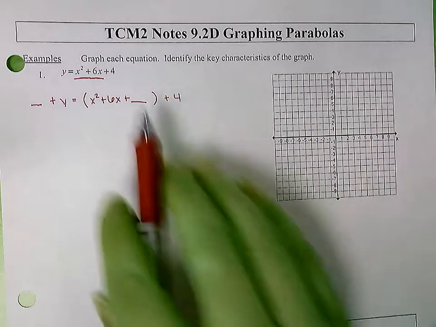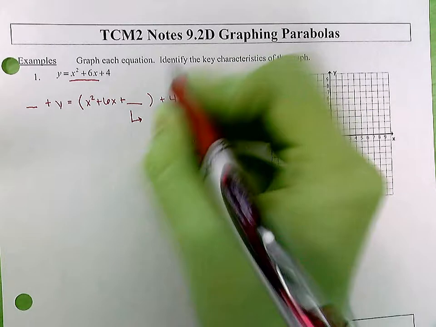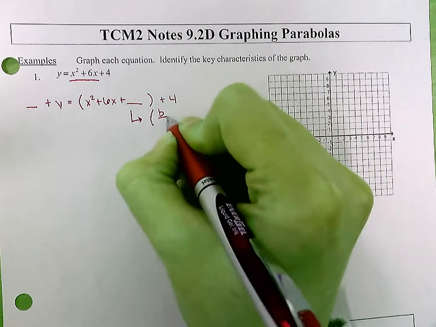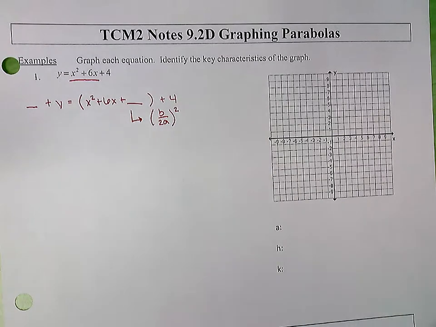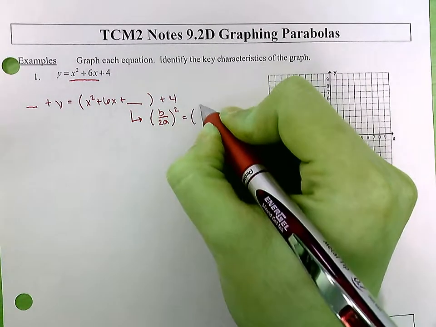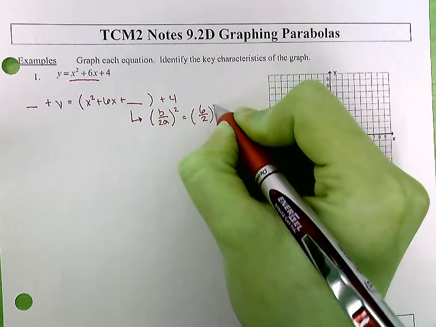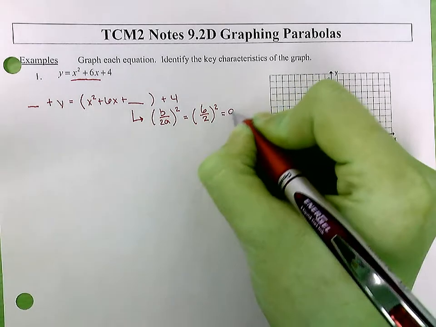Now to get this number, I need to take b over 2a and square it. So we have 6 over 2 squared, so it'll be 9.